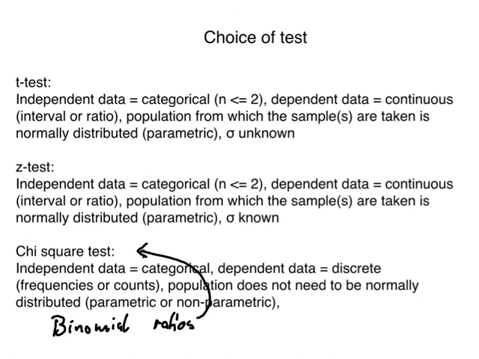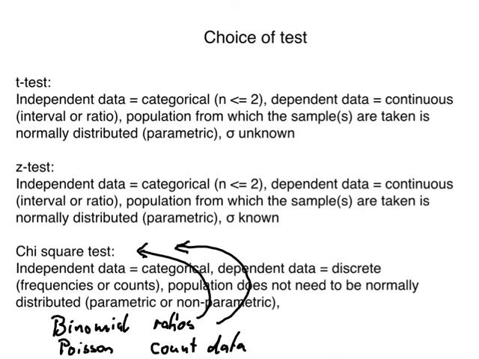And the same thing for a Poisson test, where we compare count data, this is also a modification of a chi-square test.